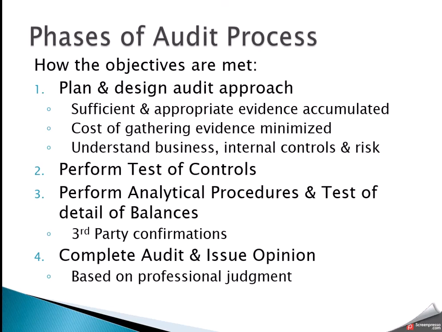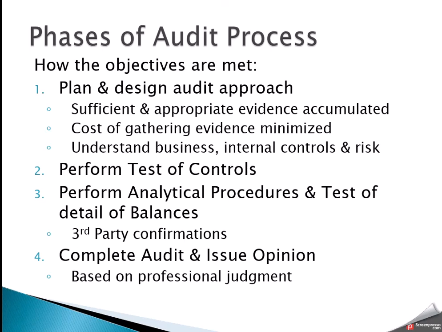So you want to maximize, get the most out of your evidence with the minimum cost. So looking at your materiality levels, looking at what accounts you should look at, and then what you've got to pull. In order to do all that, you do have to understand the business, understand their internal controls, and what level of risk it is. The higher the risk, obviously, probably the more evidence we're going to have to pull.